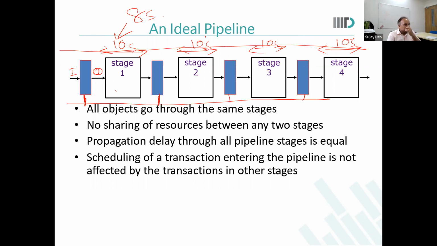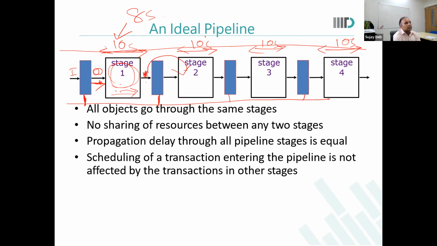By that time, the data which has entered goes through this stage, all the operations are done, and you have new data available before this window of 10 seconds ends. So whenever the next occurrence happens and the gates open, the result which is available now moves to the next stage.